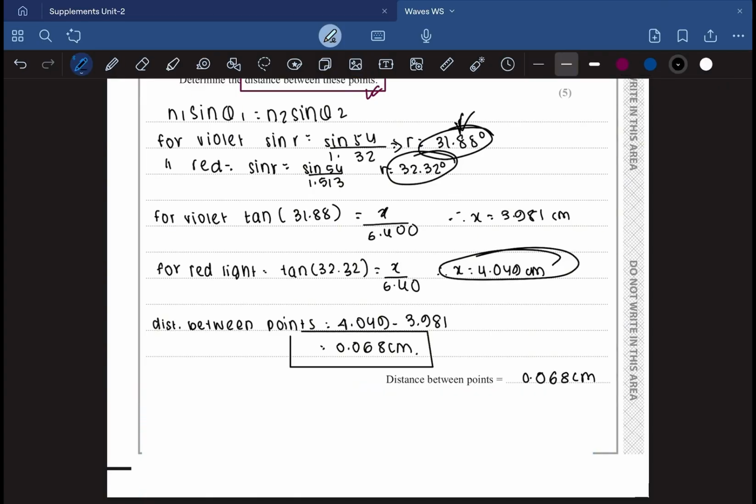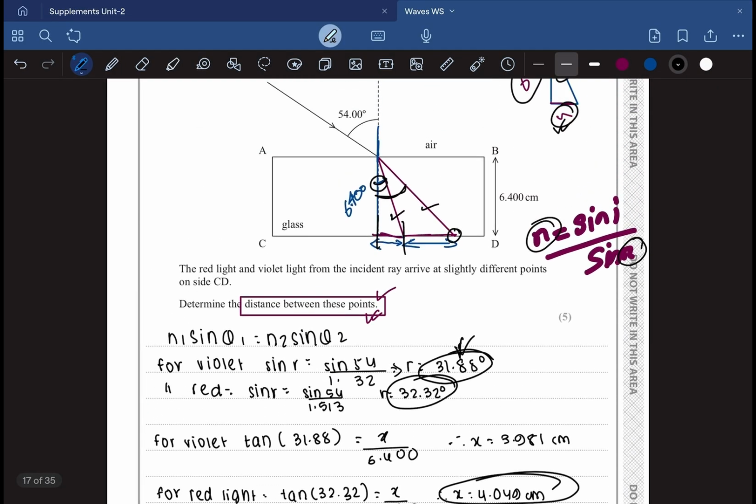Hopefully you guys have understood this math. This wasn't very difficult, but the only thing you will have to understand is that there is one triangle right here, and there is another triangle which is bigger.